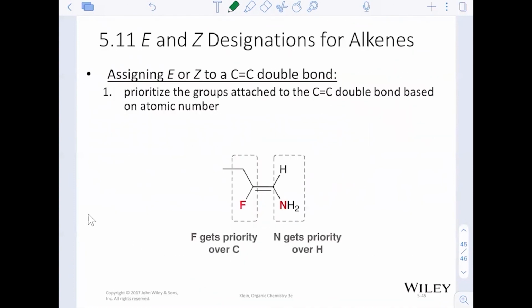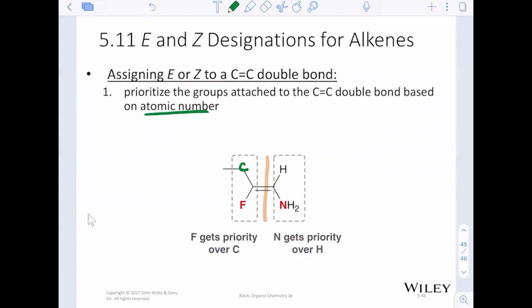Here's the process. Prioritize the groups on either side of the double bond. So smack dab, let's just draw a dividing line. And we'll say, who's higher priority? The ethyl, the carbon, let's call it carbon specifically, or fluorine. Fluorine is highlighted red there because fluorine gets priority over carbon because of atomic number.